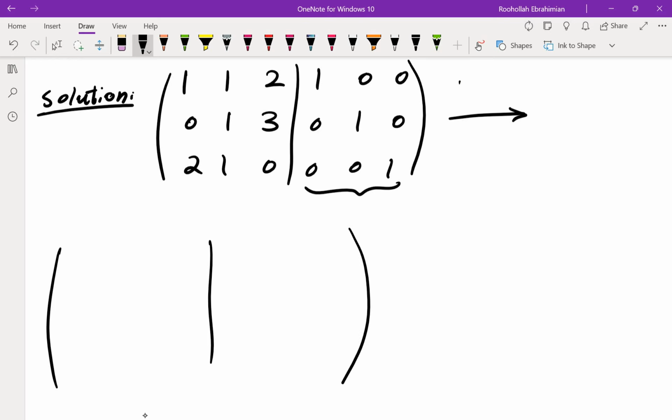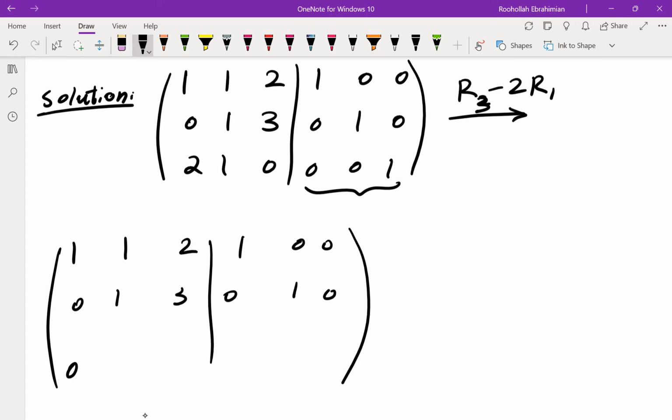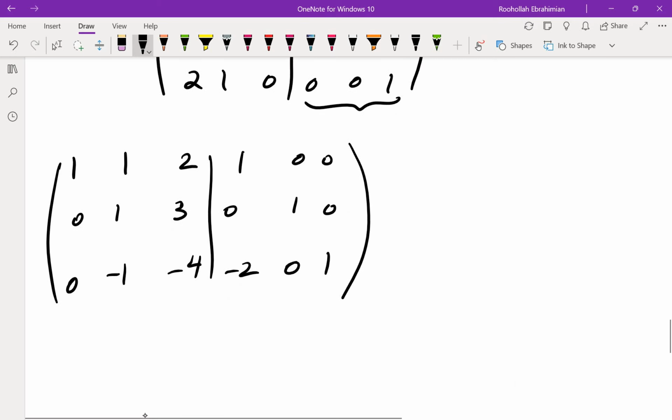So we are going to apply row 3 minus 2 row 1. So 1 1 2 1 0 0, 0 1 3 0 1 0, and the last row would be 0. We are multiplying the first row by -2, adding to the last row: -4, -2, 0, and 1. Okay, so that's the first step.